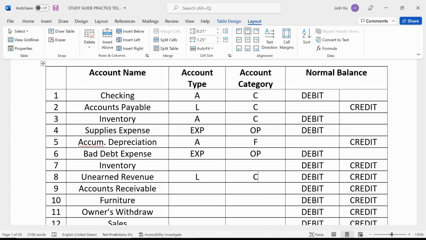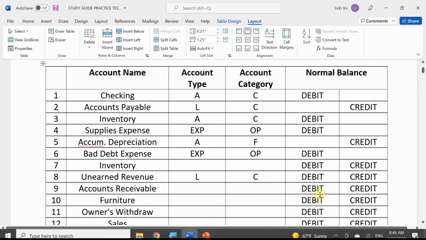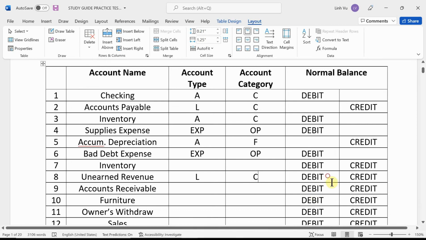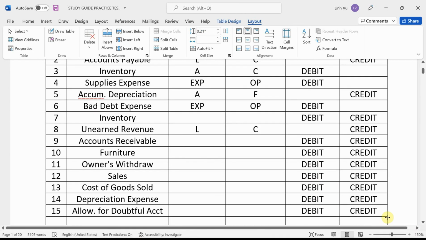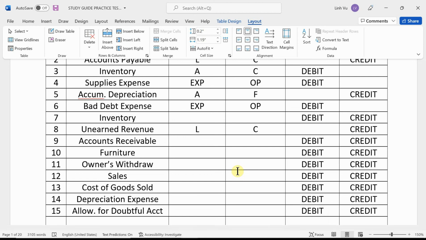Now, how do you increase a liability? Credit. Good. Okay. What about accounts receivable? Income. No. You haven't earned the dollar yet.